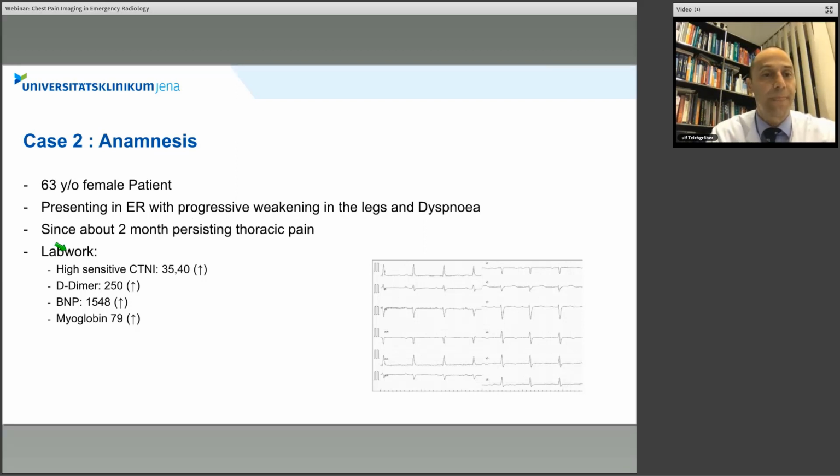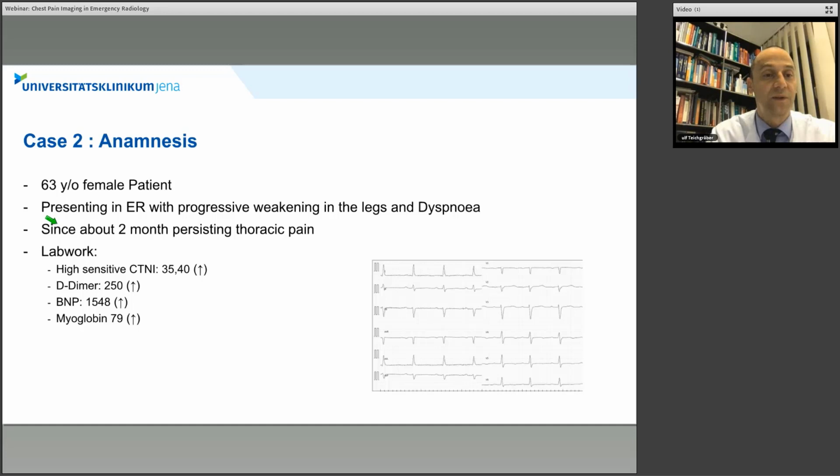In the second case, we had a 63-year-old female patient presenting in the ER with progressive weakening in the legs and dyspnea for about 2 months, presenting with thoracic pain. We have here a positive troponin.